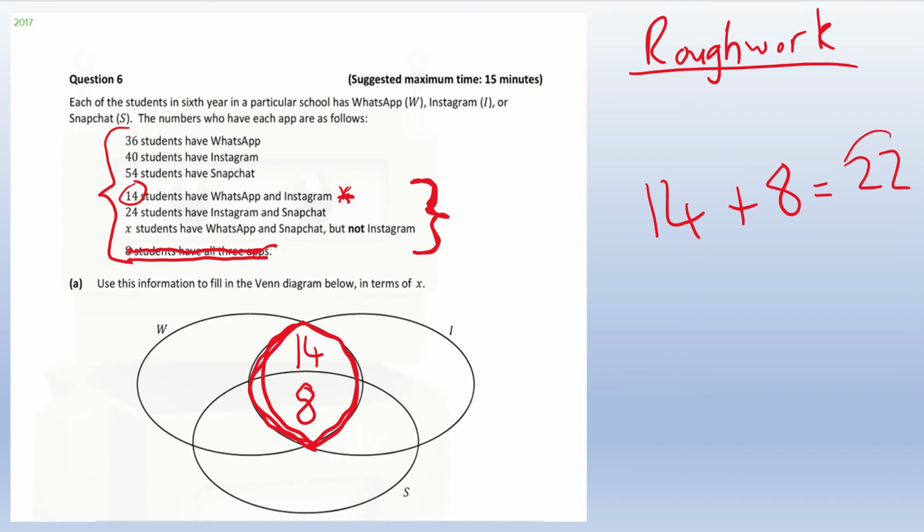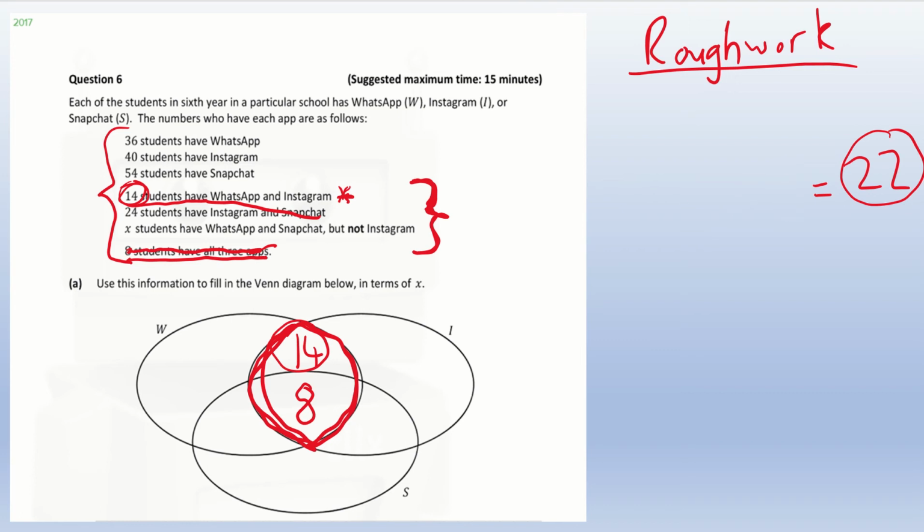But if you're telling me that 22 students use WhatsApp and Instagram, but this piece of information is telling me that only 14 do, then one of us has to be incorrect. And in this scenario, it's you who is incorrect. You cannot put the 14 here because you already have 8 from the previous part of the question.